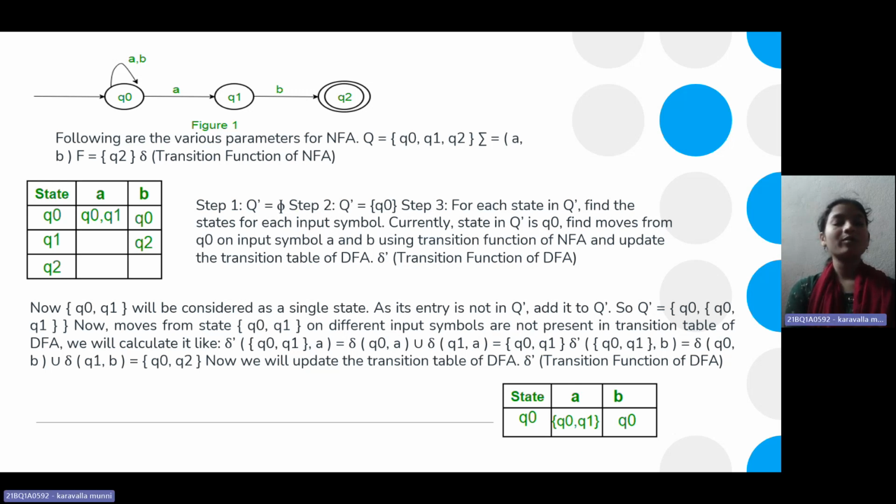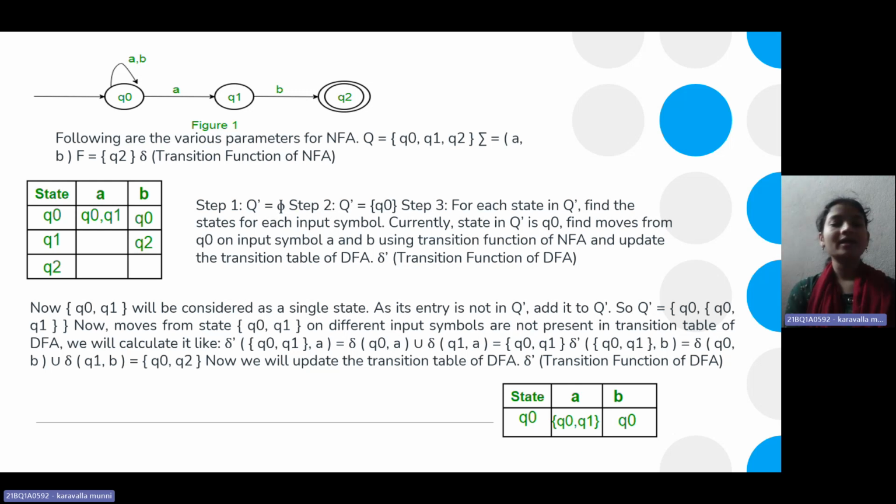Now Q0Q1 will be considered as a single state as its entry is not in Q, so add it to Q. So Q equals Q0, Q0Q1.